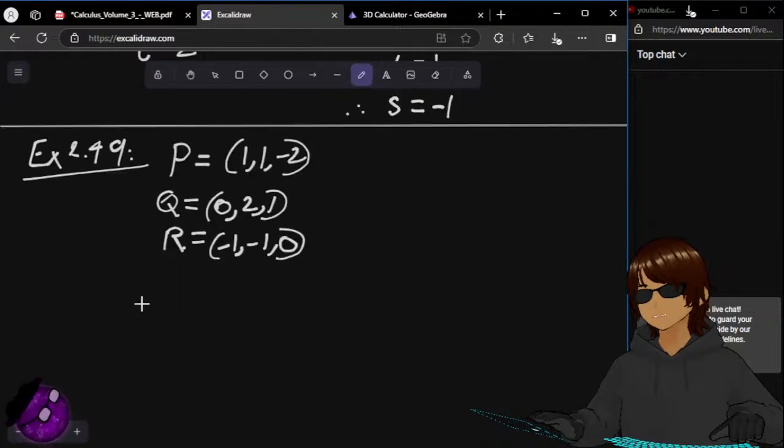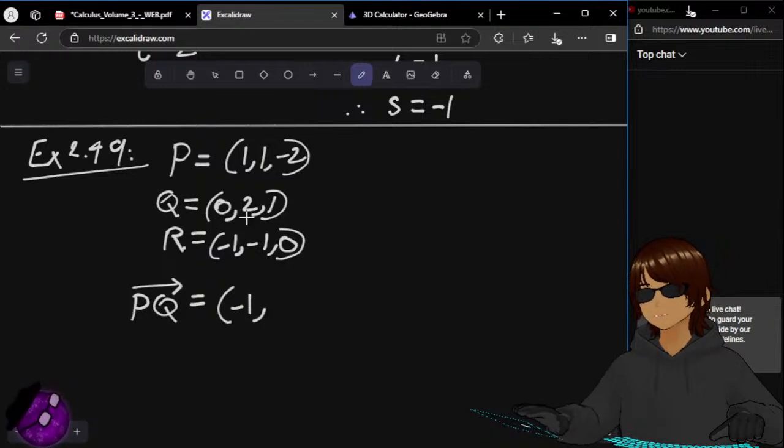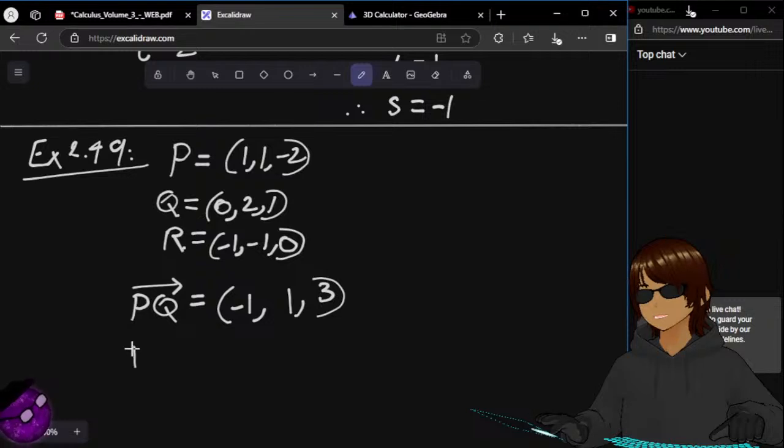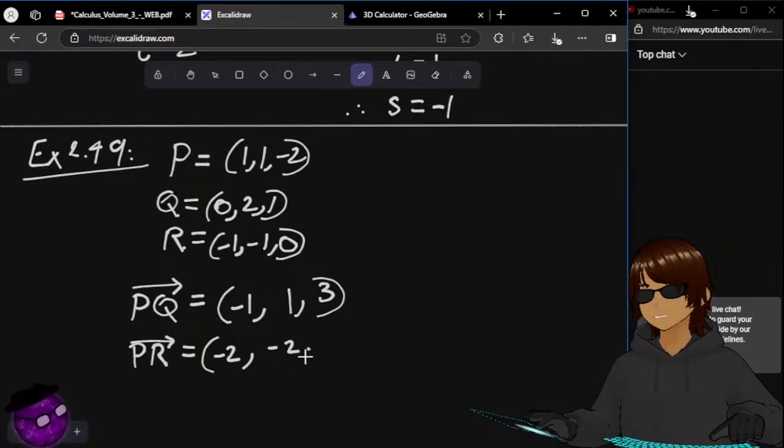So, PQ, the vector: 0 minus 1 is minus 1. 2 minus 1 is 1. 1 minus minus 2 is 3. PR: minus 1 minus 1 is minus 2. Minus 1 minus 1 is minus 2 again. 0 minus minus 2 is 2.